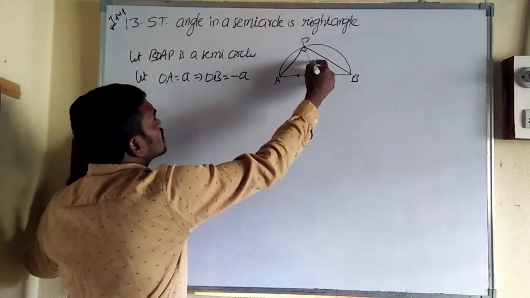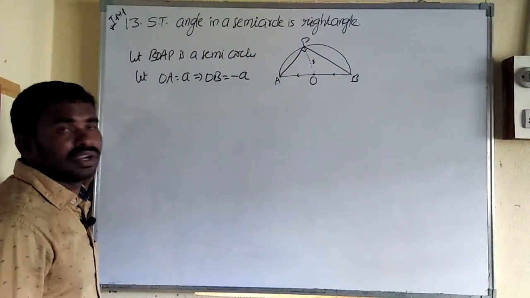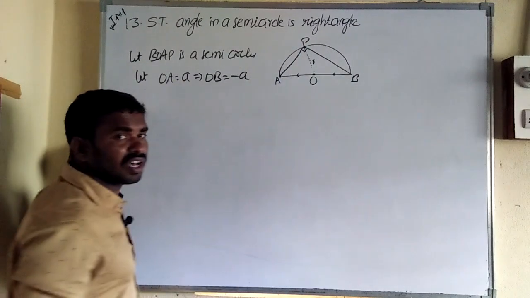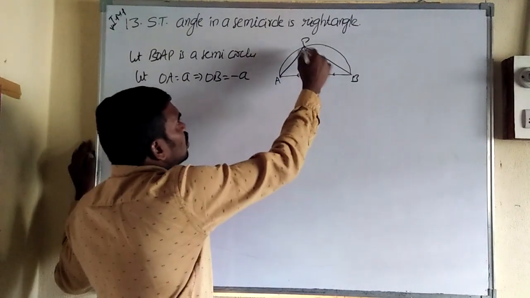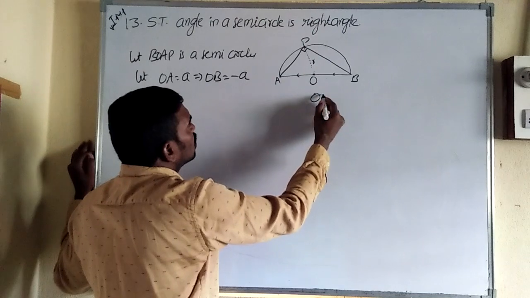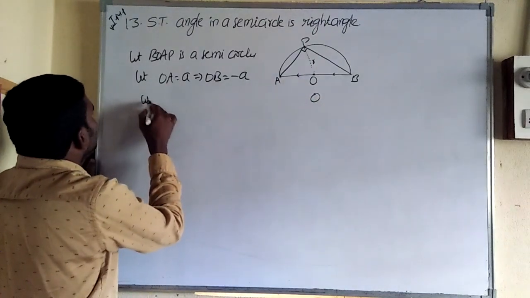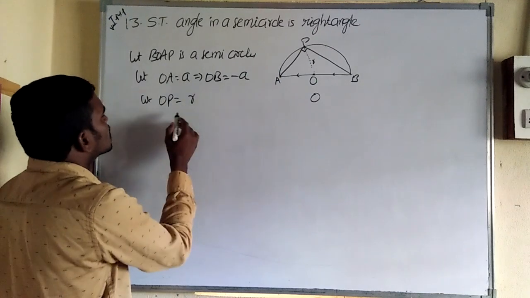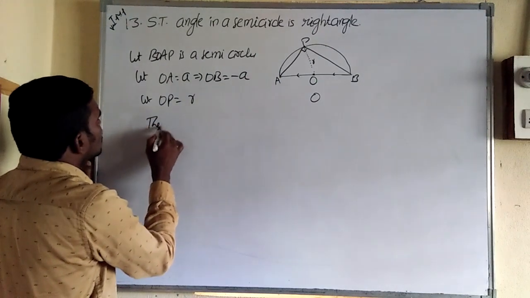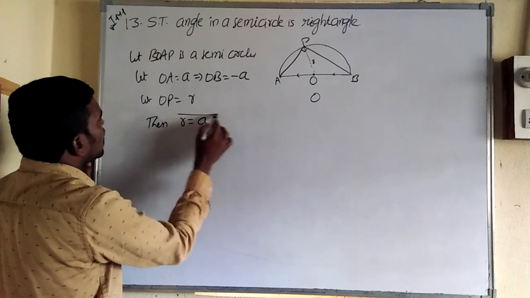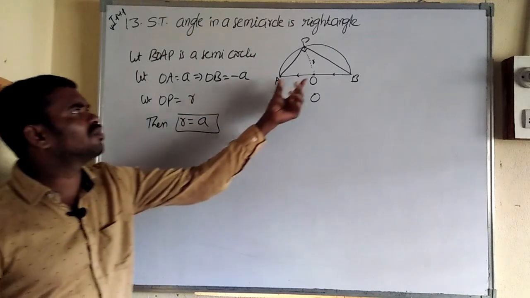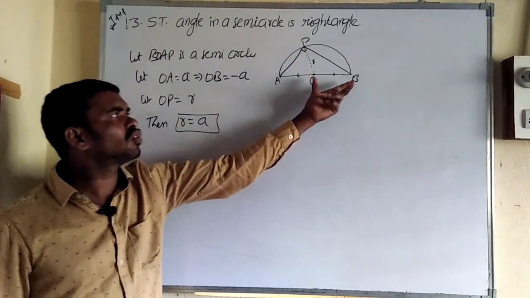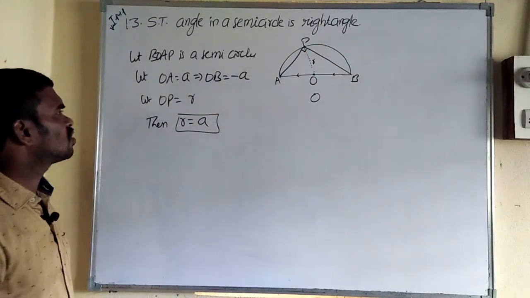That is the radius, some R. Do you think the distances OA, OP and OB are the same or not? Yes. So let OP equal R. R means radius, so R equals a, because the length from O to A is also a radius, and O to B is also a radius. So R equals a.